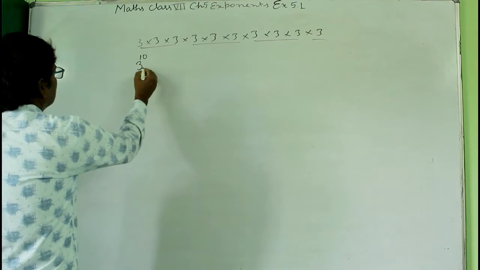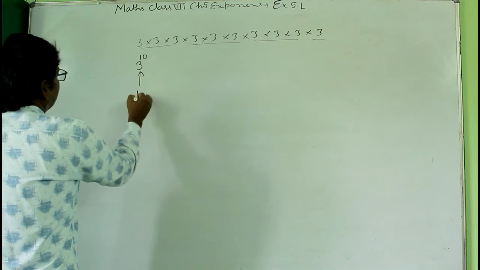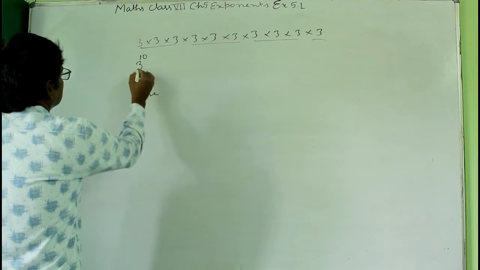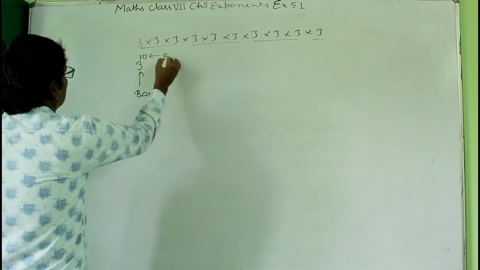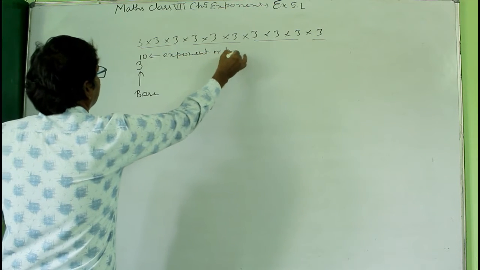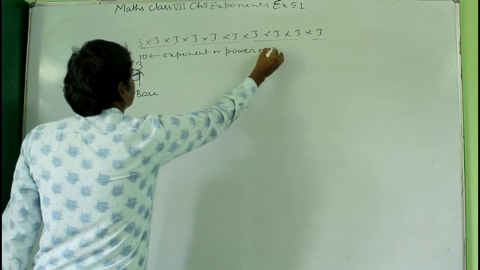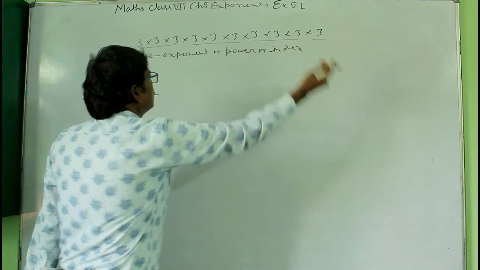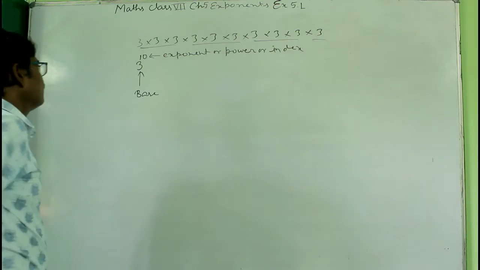The lower number is called the base, and the upper number is called the exponent, or the power, or the index. These are the three names by which you can call it.